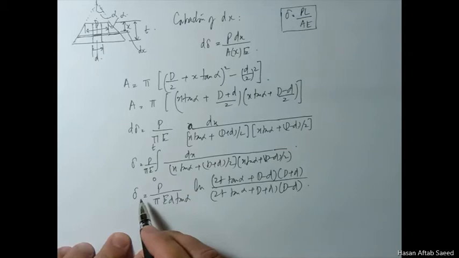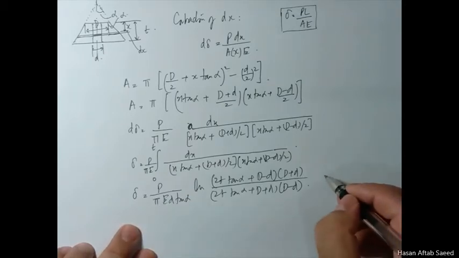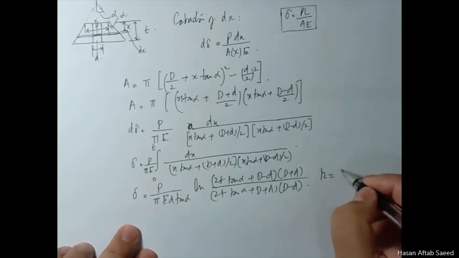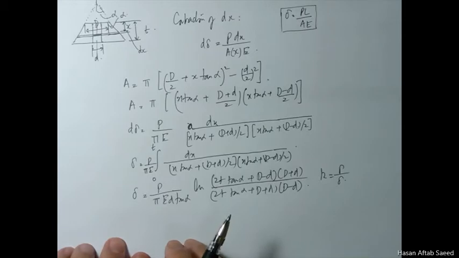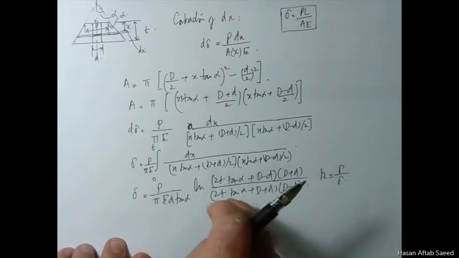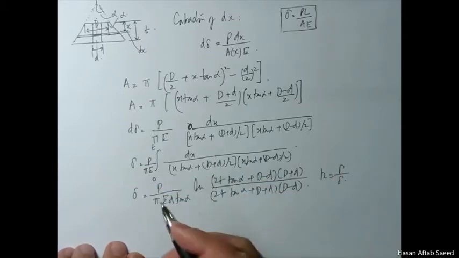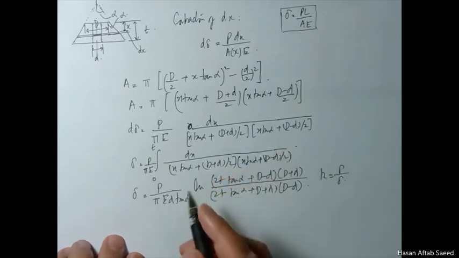This is delta, and recall that k is simply P over delta. So just divide P by this thing, so P vanishes and some rearrangement takes place.